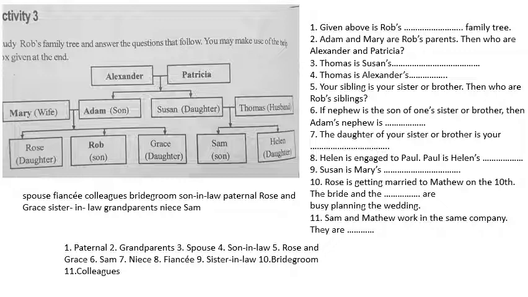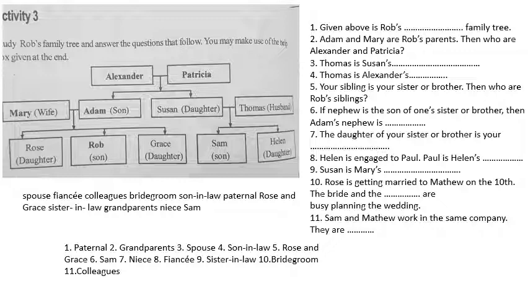Your sibling is your sister or brother. Then who are Rob's siblings? Rob has 2 sisters, Rose and Grace. If nephew is the son of one's sister or brother, then Adam's nephew is.